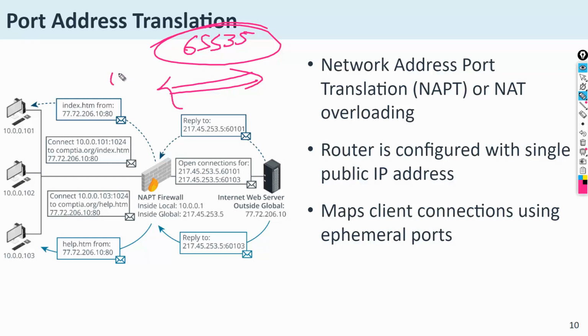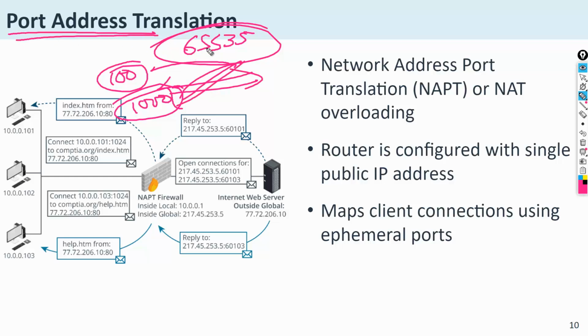So no matter if you have 100 computers or 1000 computers in an organization, they can all do port address translation and communicate with the public area network with a single public IP address. So the router can be configured with a single public IP address and map client connections using the port number.